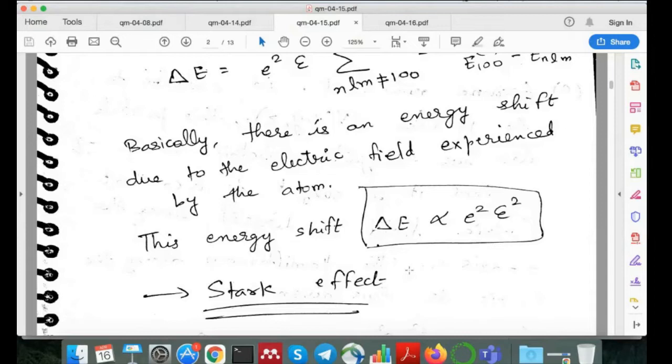So for L equal to 1, there are three m values, so under a magnetic field it's split into three energy levels. For L equal to 2, there are five m values, so under a magnetic field it would split into five energy levels. So that is the difference between the Zeeman effect and the Stark effect.